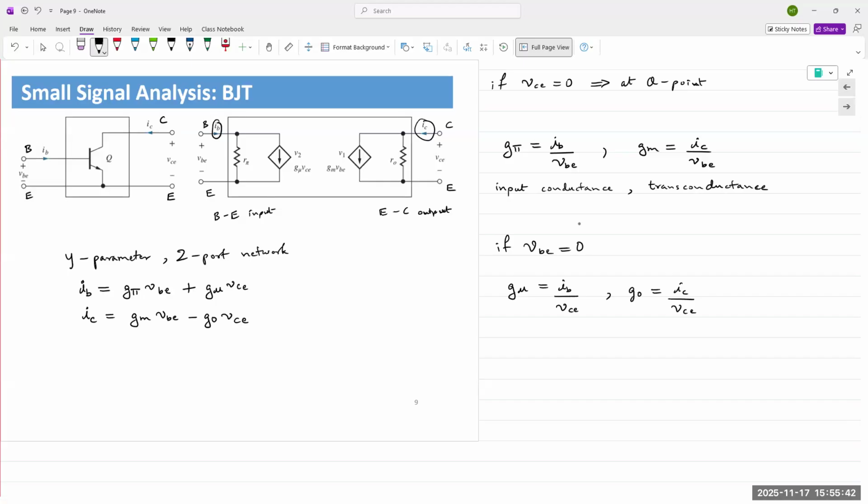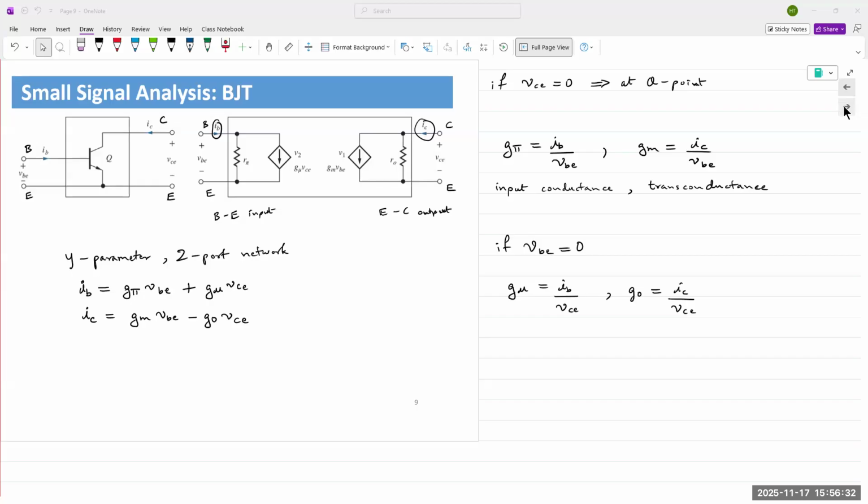I don't think there's time to get into the analysis of a CE amplifier today, but you can definitely do the hybrid pi model.